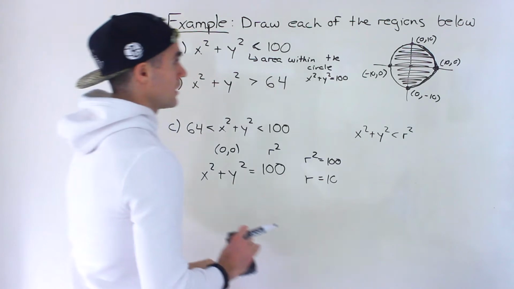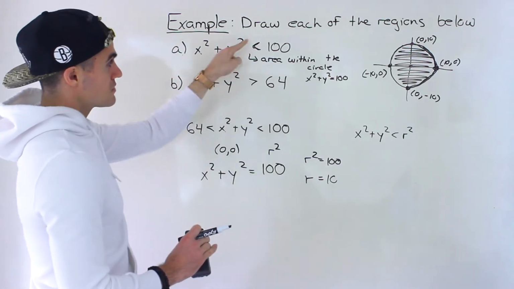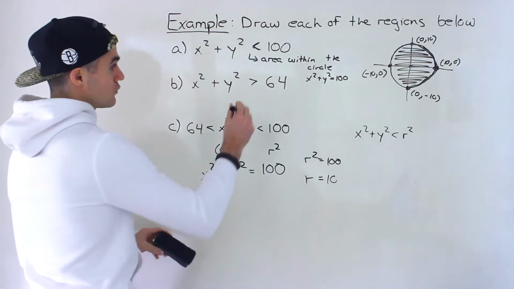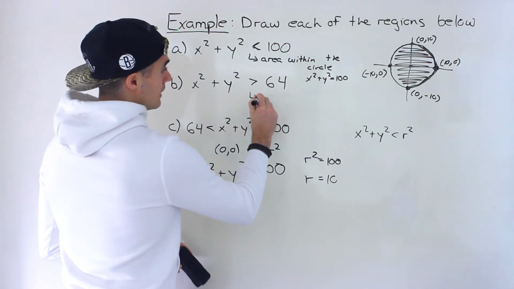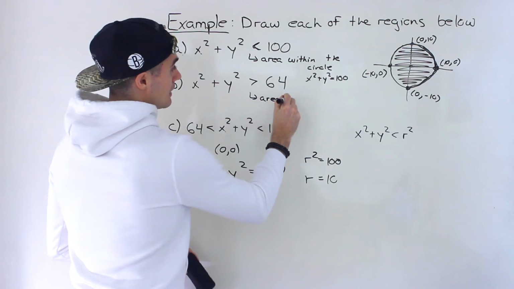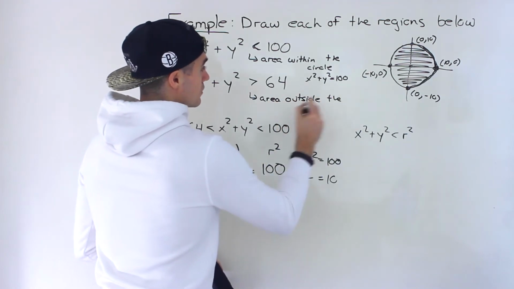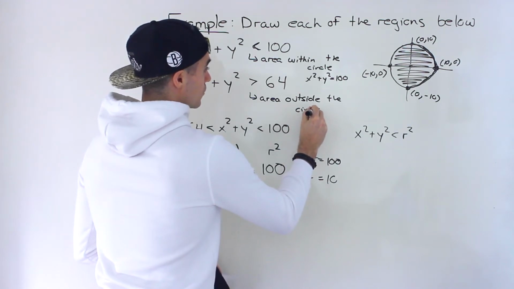So whenever there's a less than sign, it's the area within the circle. Whenever you have a greater than sign, it's going to be the area outside the particular circle that you're working with.